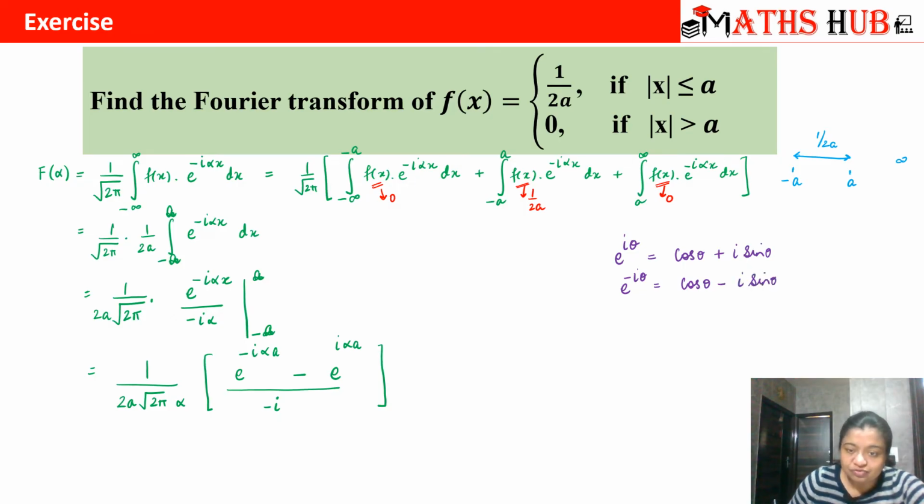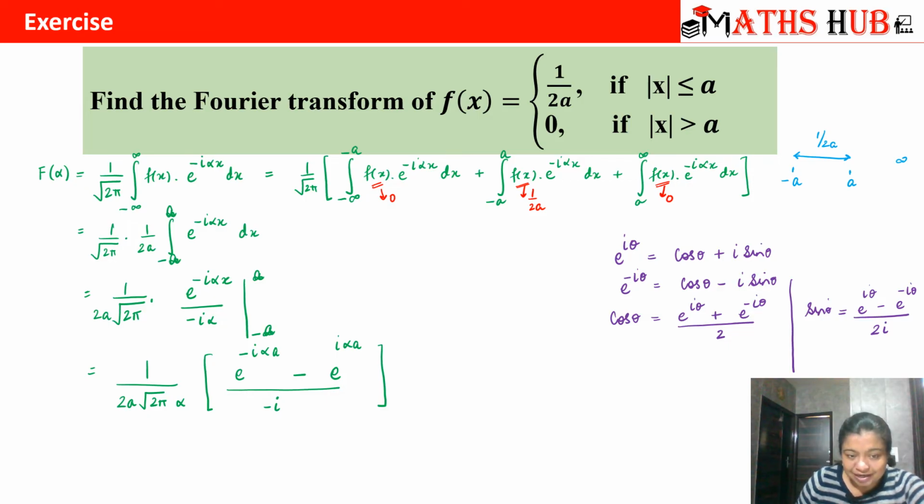Now when you add the two formulas, you can see that sine will easily get cancelled and you will get cos theta is e raised to power iota theta plus e raised to power minus iota theta divided by 2. Similarly, if you subtract the two, you will get sine theta is equal to e to the power iota theta minus e to the power minus iota theta divided by 2 iota, right?